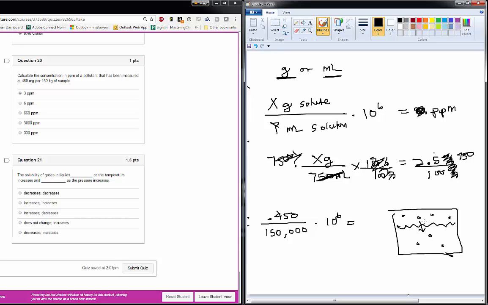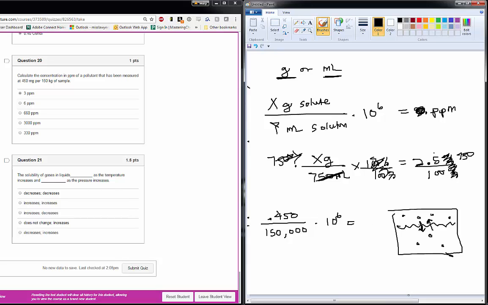And we've got this dynamic equilibrium, where gas particles are dissolving into the liquid and they're dissolving out of the liquid. As the temperature increases, we know that the kinetic energy of gas particles increases. So it's going to be harder to keep them inside the liquid when they have so much energy. They're just going to want to escape. They'll have plenty of escape velocity. So as the temperature increases, the solubility of gases actually decreases.